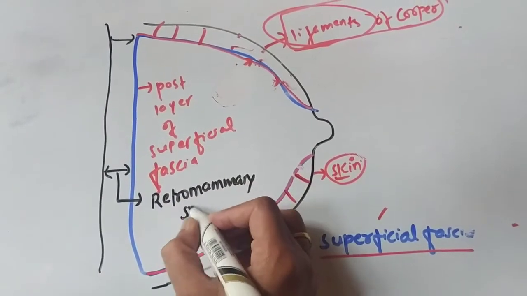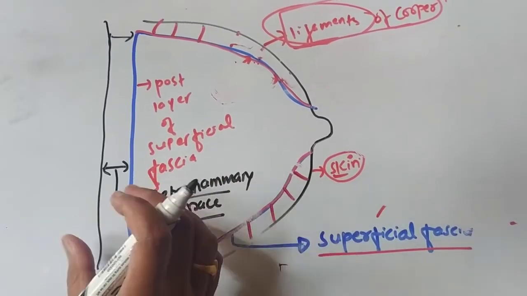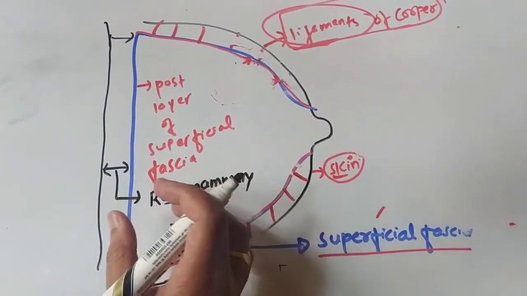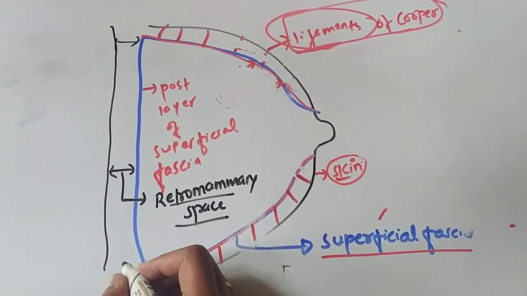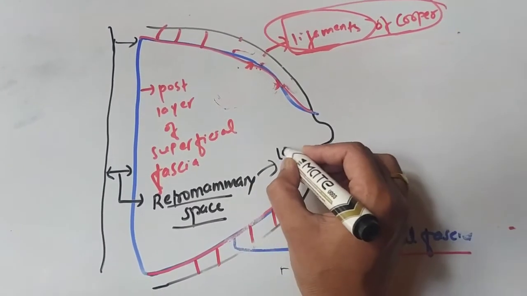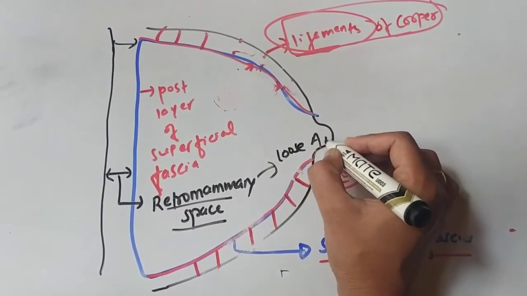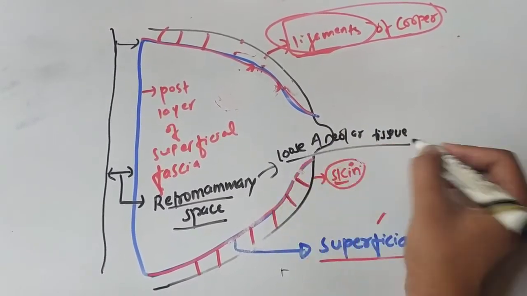Retro means behind, mammary means breast. So it is the space just behind the breast, normally present, and it contains loose areolar tissue.